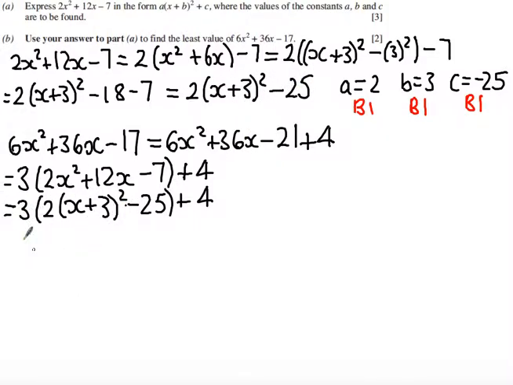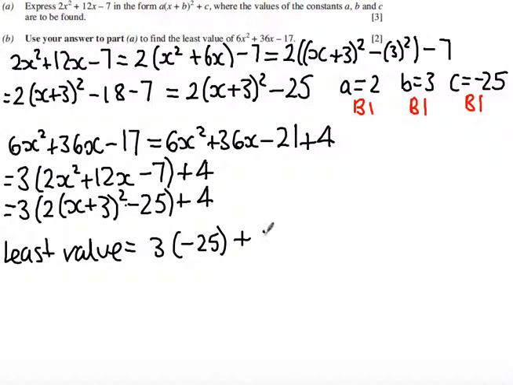So here the least value is going to be 3 lots of minus 25, because this is going to be the least value of this expression inside this bracket, plus that 4. And so we get an answer of minus 75 plus 4, which is minus 71.